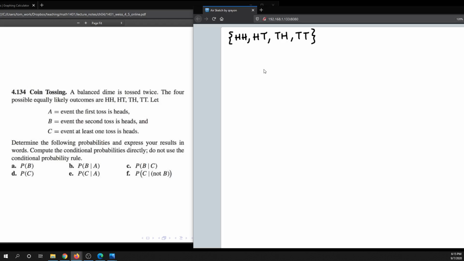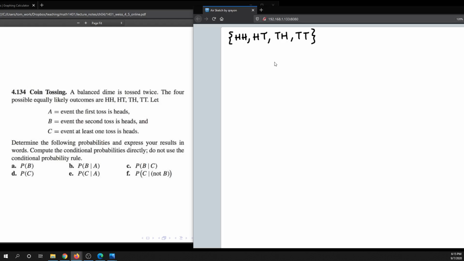It would just take too long, be too complicated. Sometimes you don't have enough information to do that either. So in this first example, I'm going to write all of the events out, because I think it makes it clearer that way. You can see what's going on a little bit easier. But just keep in mind, in other problems, you're probably not going to be able to do that.